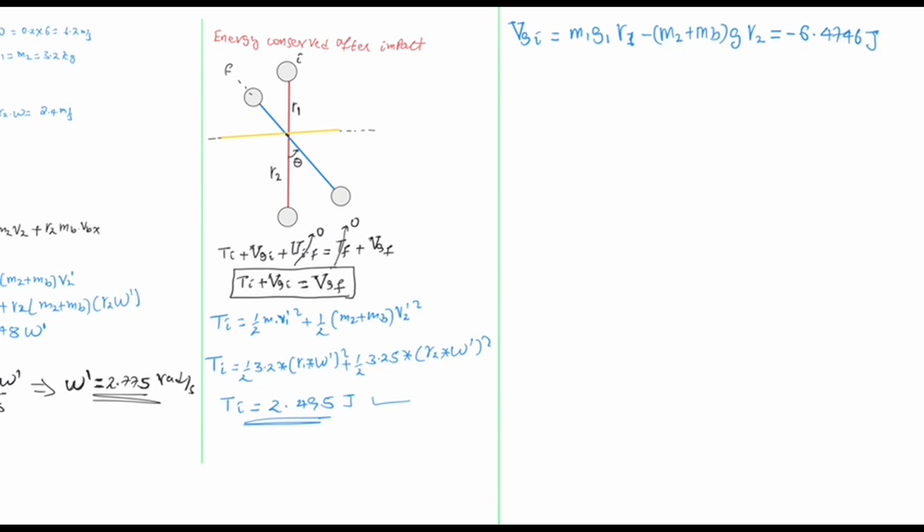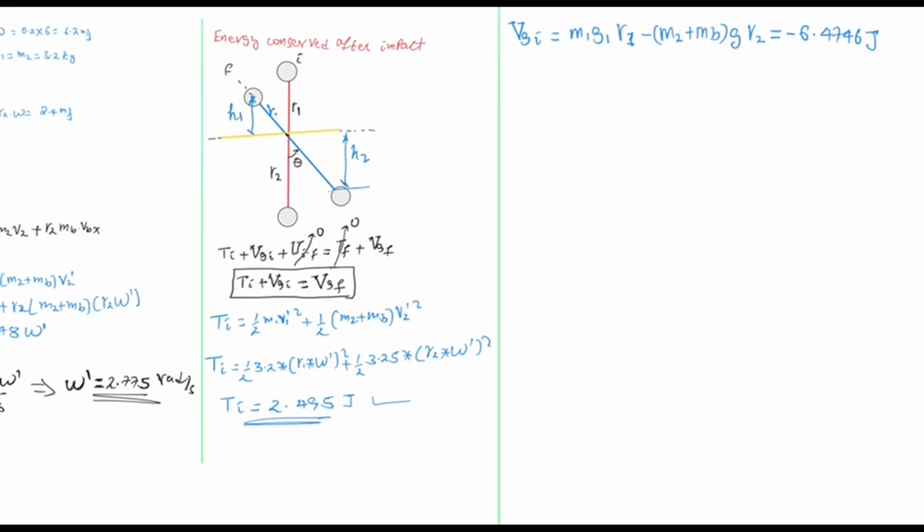Now for the final condition, let's just assume this is our final condition. As we know that when the particle is at the maximum position, their elevation can be taken from this point to this one for element 1, and then from this to this for particle 2 and the bullet part. So let's say this is h1, and this height is h2.